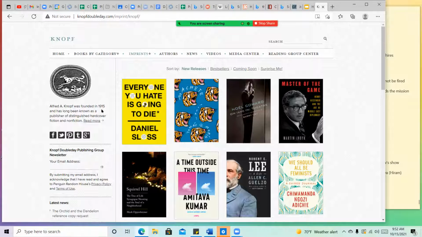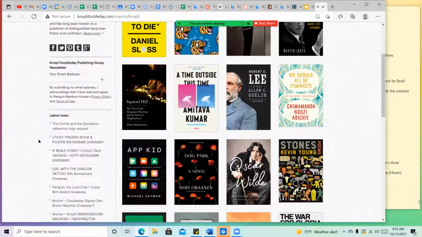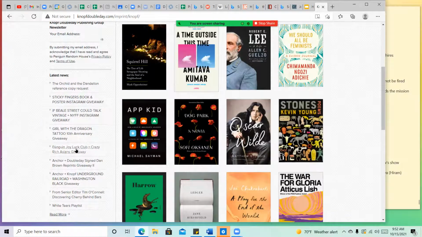And they were publishing lots of different types of books, but also published a lot of the Harlem Renaissance writers. And as I scroll through, I find out that Alfred Knopf is still publishing books, right?